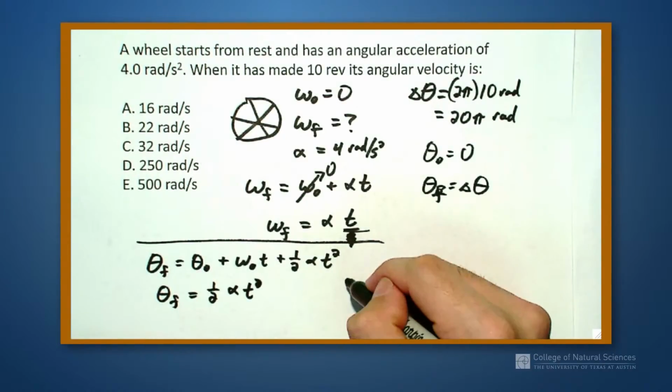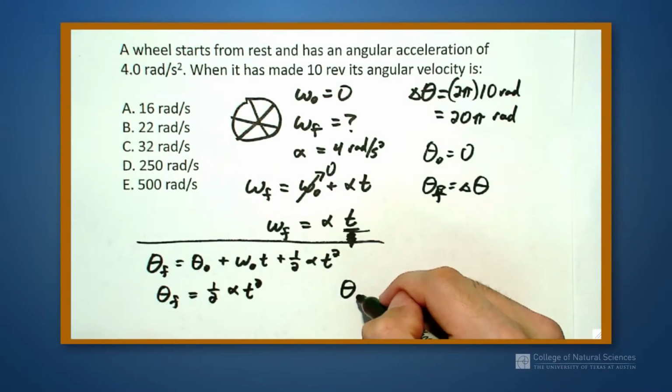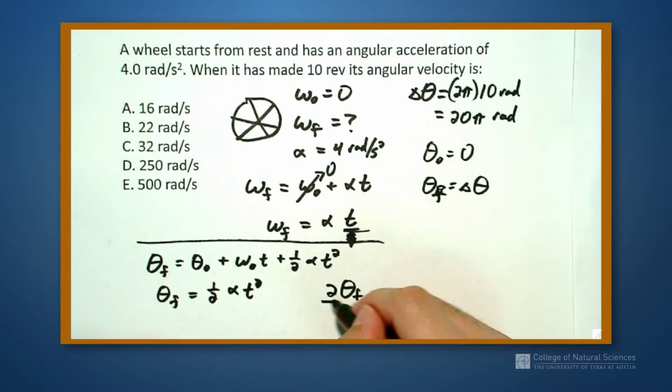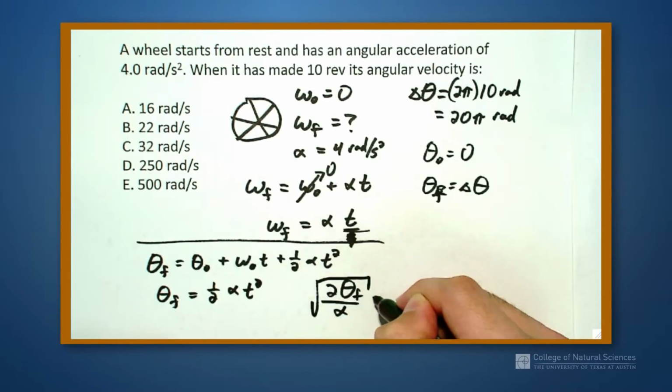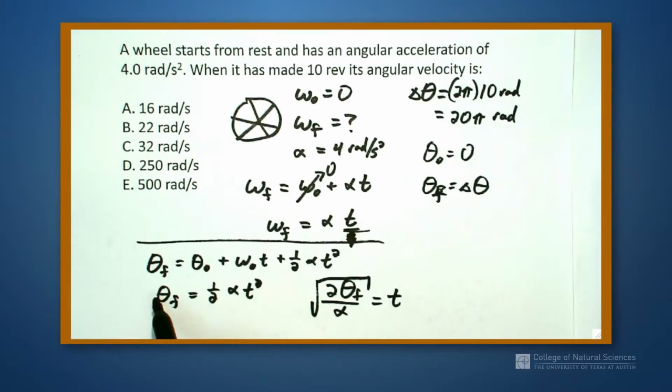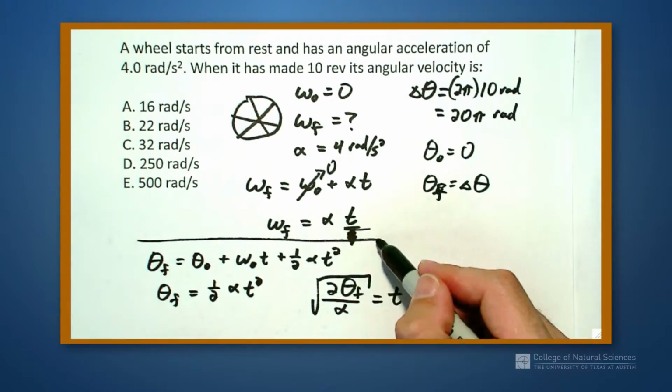Or theta final times 2 over alpha, square rooted, is equal to t. Just rearrange this equation. The 2 comes over the other side. I divide by the alpha, and I'm going to have to take a square root at the very end.